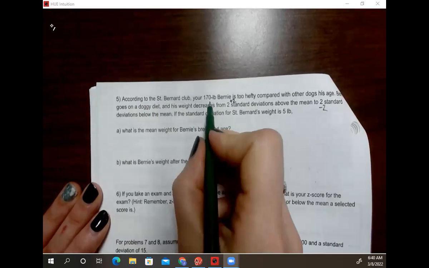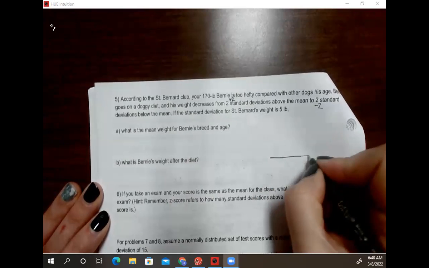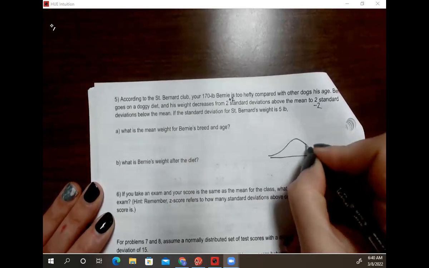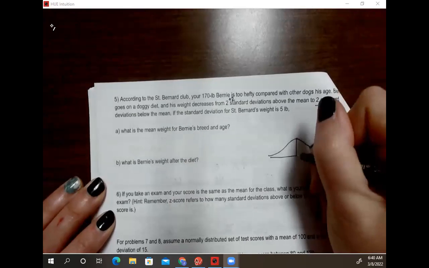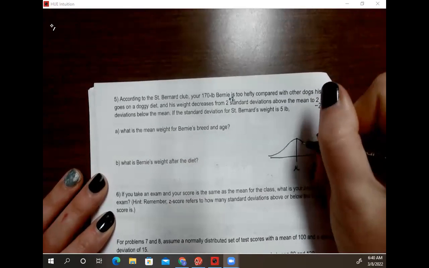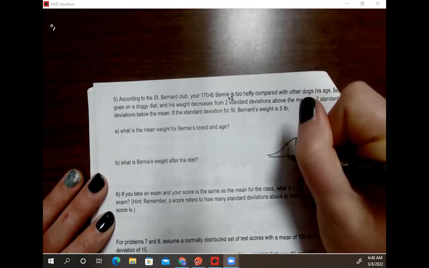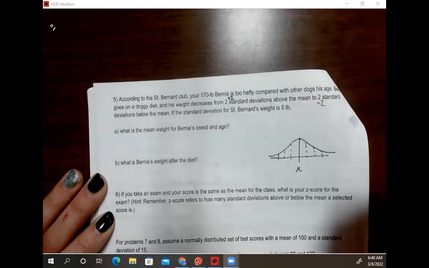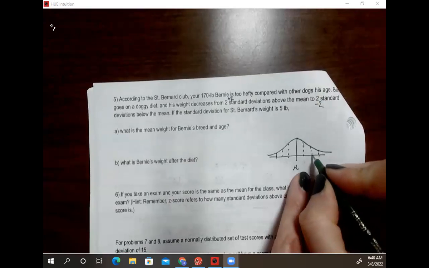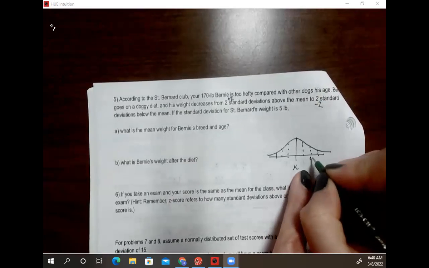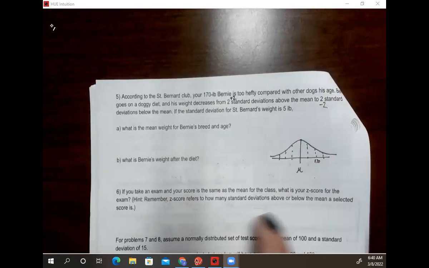So we know when he's 170 pounds, he's 2 standard deviations above the mean. And I'm going to sketch a little curve here. So right at our mean, we don't know what that is, but that would be in the middle. 1, 2, 3, 1, 2, 3. We know that he was 2 standard deviations above the mean, and that was 170 pounds.